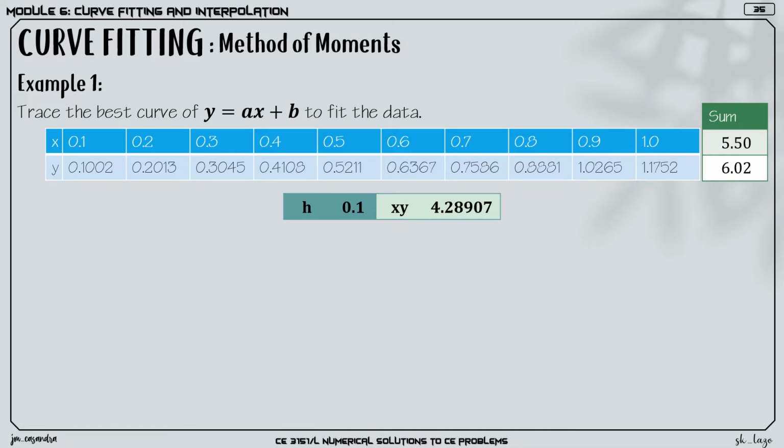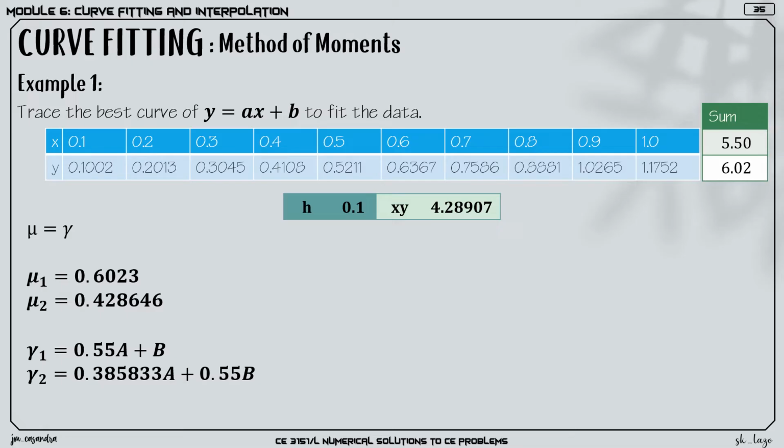So once we have identified our true and theoretical moments, we now equate mu equal to gamma. So for mu sub 1, we were able to solve 0.6023, mu sub 2, 0.428646, gamma 1 is 0.55a plus b, gamma 2 equal to 0.3858338a plus 0.55b.